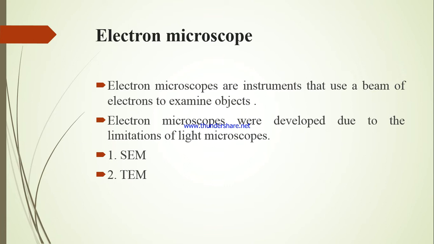Electron microscopes are generally of two types: scanning electron microscope and transmission electron microscope. Based on their working principle, they are named scanning and transmission electron microscope. By using a scanning electron microscope, the morphology or topography of the sample can be obtained, that is, the surface or outer structure.